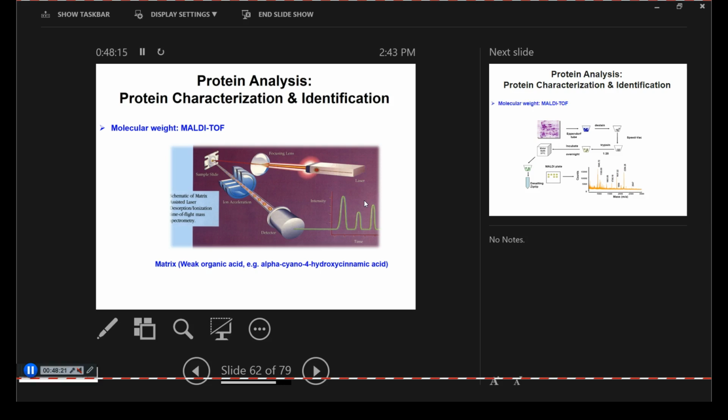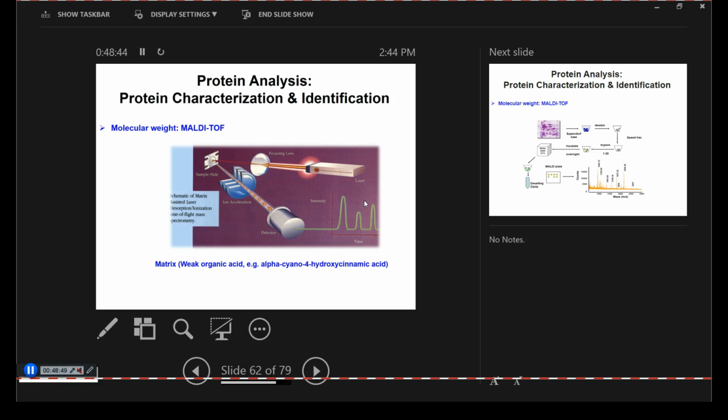So the smaller ones will come out first and be measured and converted to molecular weight. And the largest ones will have a slower rate of travel and will reach the detector at a later time. That's why it's called time of flight, the time it takes to fly through the flight tube.